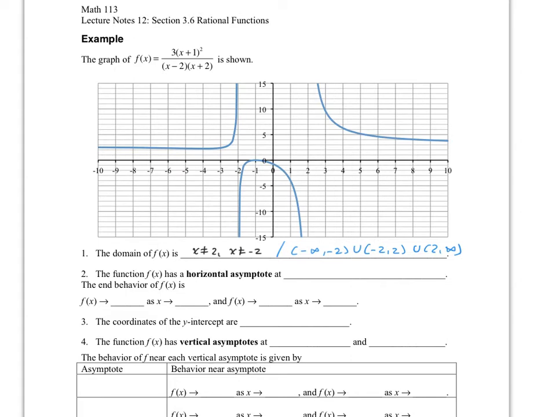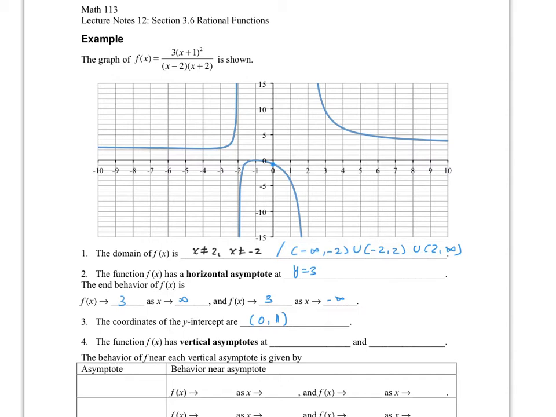So therefore the horizontal asymptote again is y equals 3, which means that f of x approaches 3 as x goes to infinity, and 3 as x goes to minus infinity. Now the coordinates of the y-intercept, in this case it will be (0, 1), which is right here.